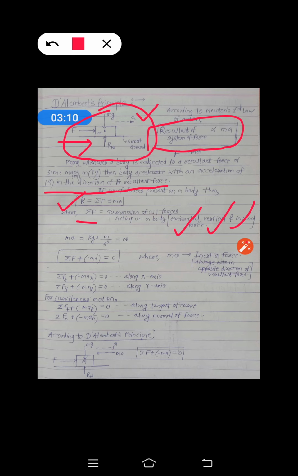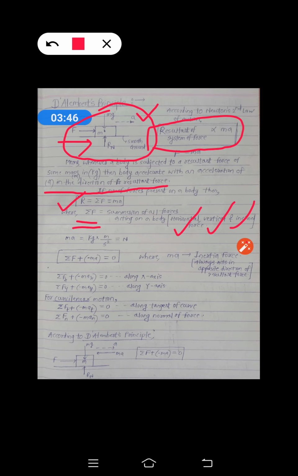Again, students, remember, while taking summation of the forces, take care of the sign convention. In case of horizontal forces, take positive sign if the force is towards the positive x direction, and negative sign if the force is acting towards the negative x direction. In case of vertical force, if the force is acting upward, take positive; if it is acting downward, take negative.